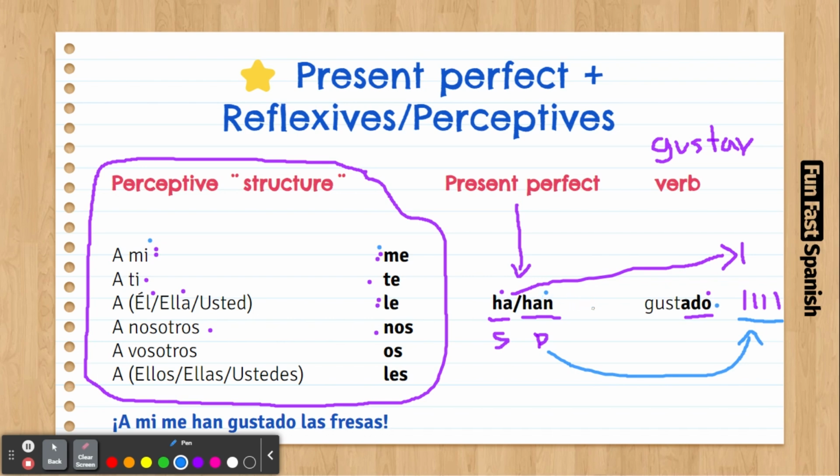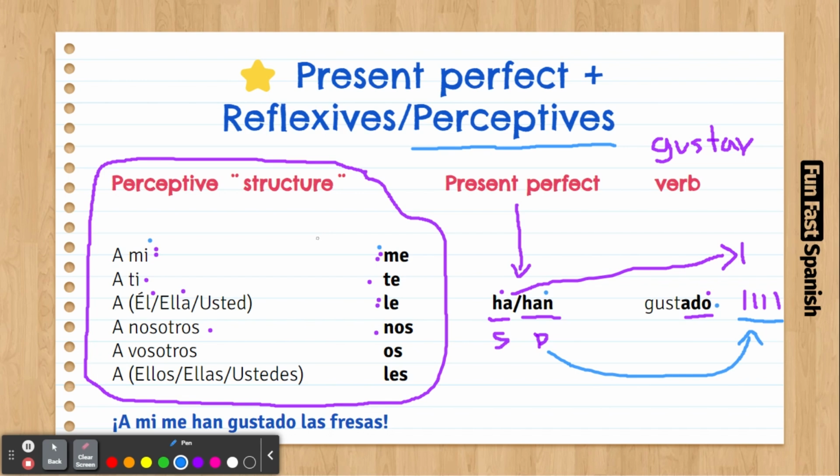That will be it for now, we're going to stick to the verb gustar. We also have other verbs we use with perceptive structure. We have encantar, a mí me encanta, a ti te encanta, which is to love things. Also, we use a mí me molesta, a ti te molesta. Molestar is when something bothers you. A mí me molestan las mariposas, like butterflies bother me.